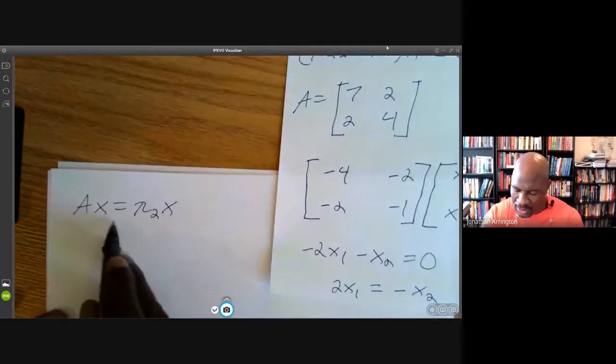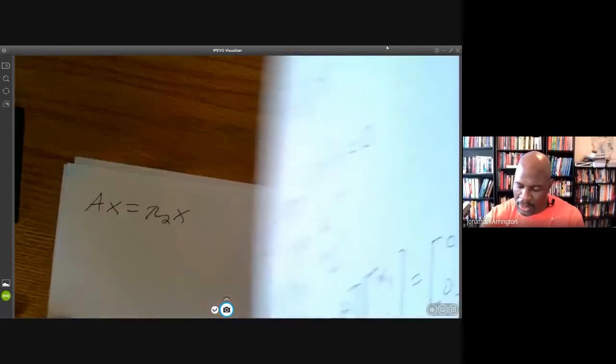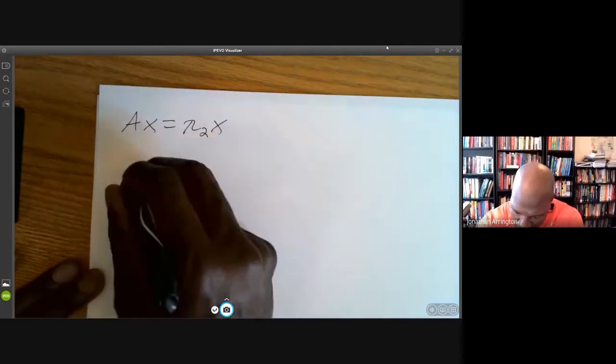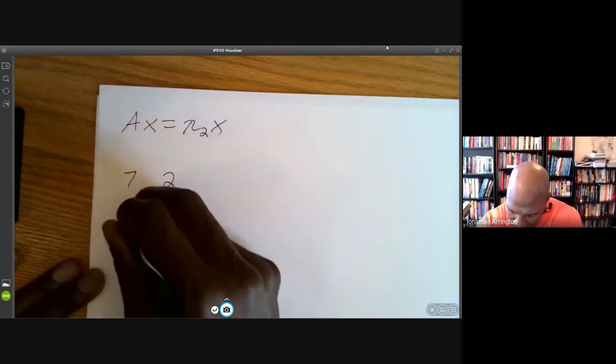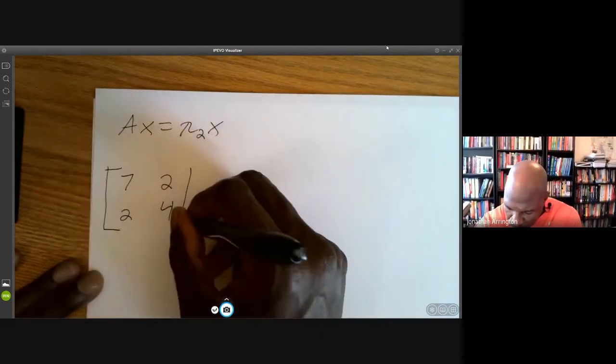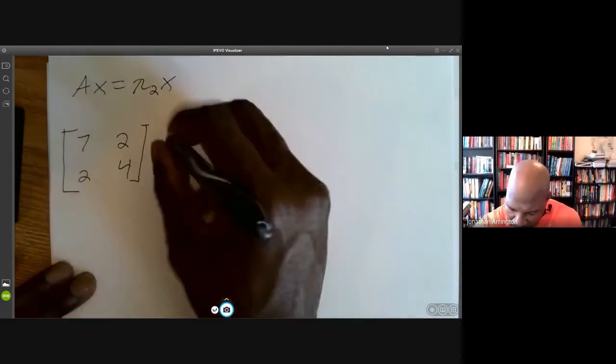And since this is a different eigenvector, I guess I could have done a subscript on it, but I didn't. Okay, so let's do A times x. So again, matrix A is 7, 2, 2, 4. And in this case, x is 5, negative 10.